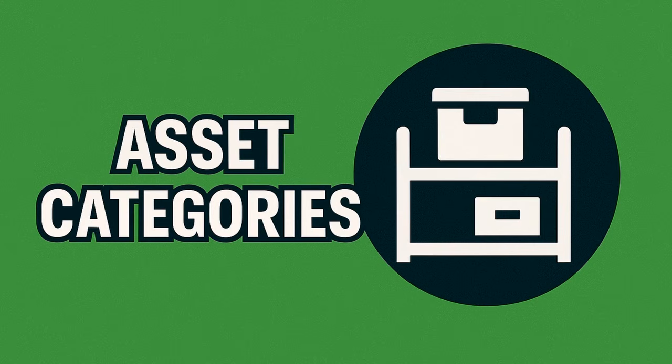Now, the best way I think to avoid this happening is to ensure that you actually have the asset categories added to your bookkeeping software. That on the balance sheet you have fixed assets for plant and machinery, tools and equipment, fixture and fittings or furniture, computer equipment, motor vehicles.